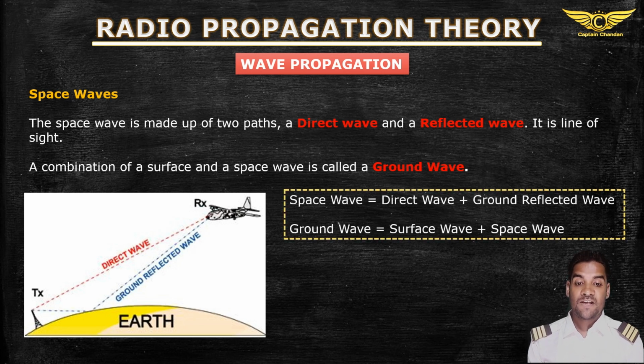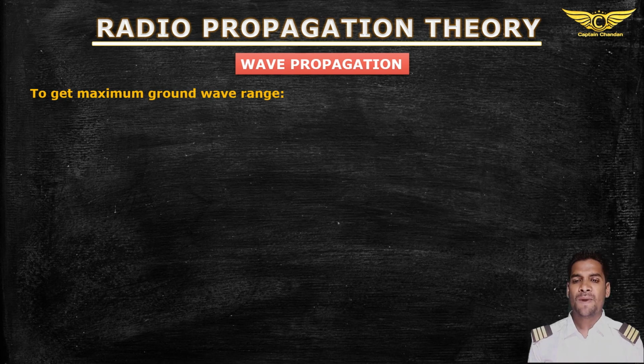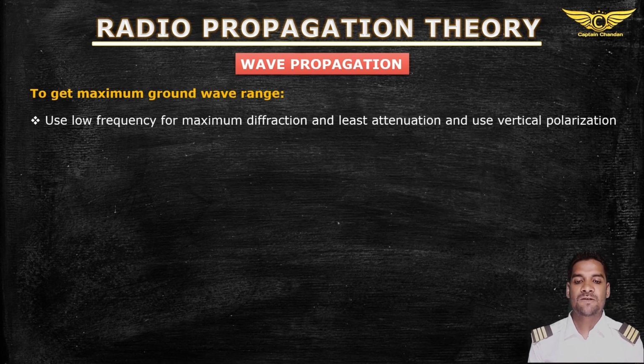So remember this: a space wave equals direct wave plus ground reflected wave, and ground wave is a surface wave plus a space wave, or you can say ground wave is a surface wave plus direct wave plus ground reflected wave.